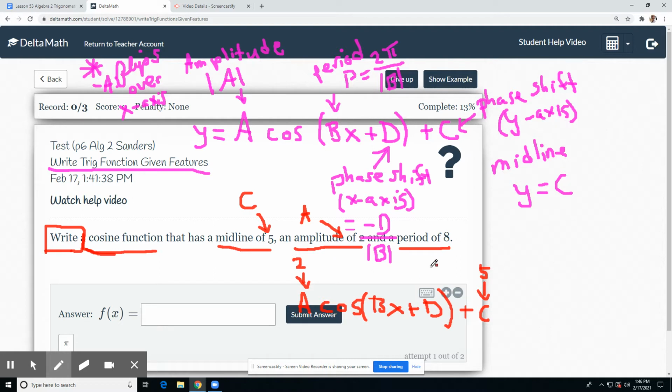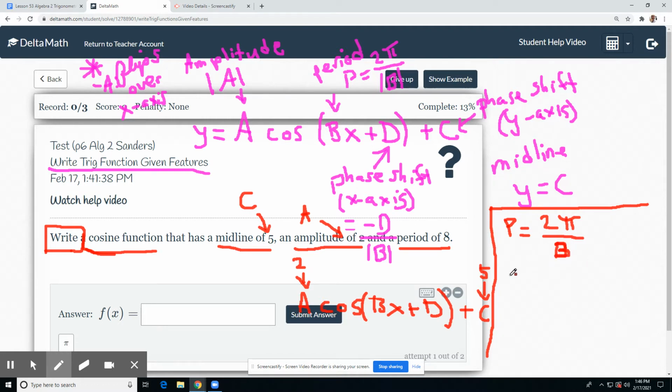And then a period of 8. Well, B is inside our period equation. So let's go ahead and solve it. So the period is P equals 2 pi over the absolute value of B. So the absolute value, I'll just put B here for now, since our B is 8. So that's supposed to be a B, not an 8.